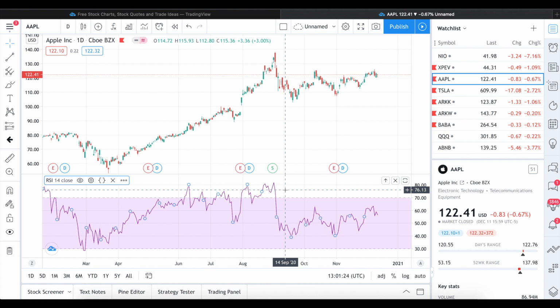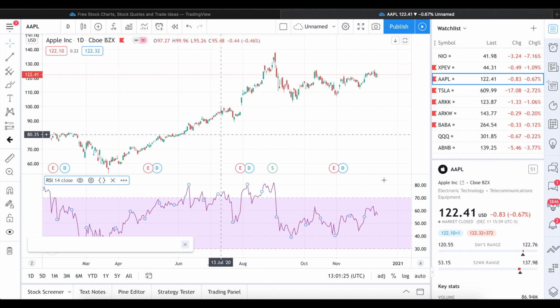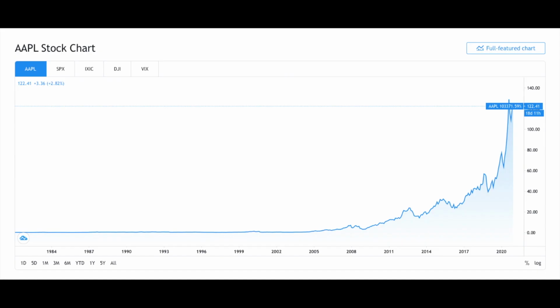I personally like it when the RSI is at the 45 or lower region before I enter into any position. If you were to zoom out on Apple's share price, you will agree with me that the general trend for Apple is uptrend, and you should be looking for buying opportunities as opposed to selling opportunities.